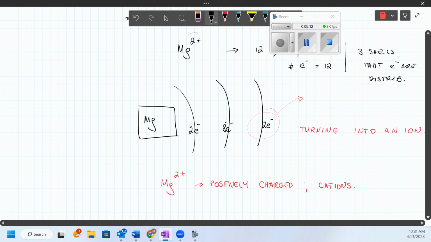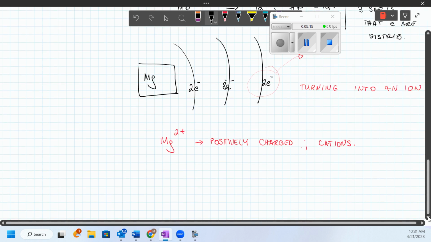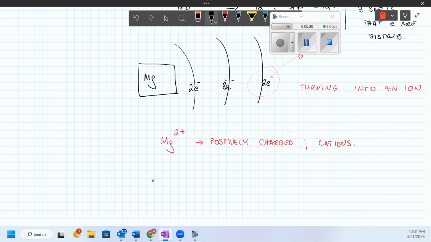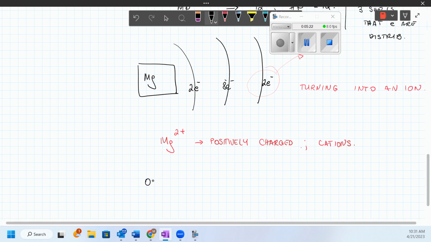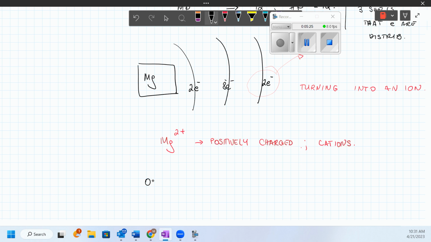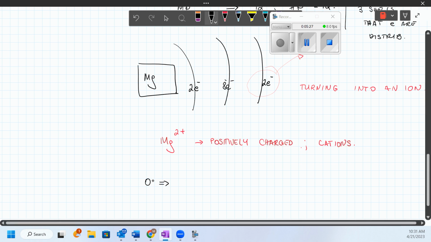But if magnesium comes close to another element, let's say oxygen, which is in the second period and has atomic number 8, the number of protons is 8 and the number of electrons is 8 as well, if it is neutral. Being in the second period means we have two shells.